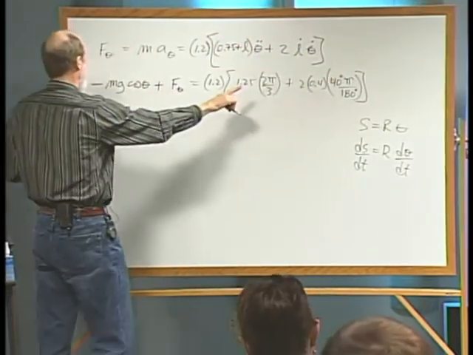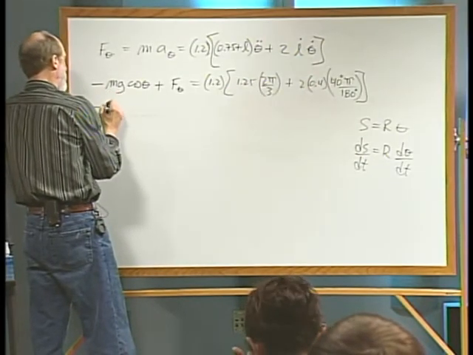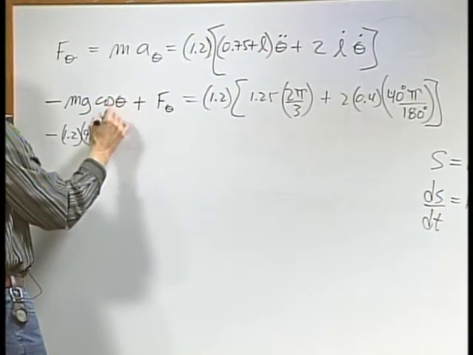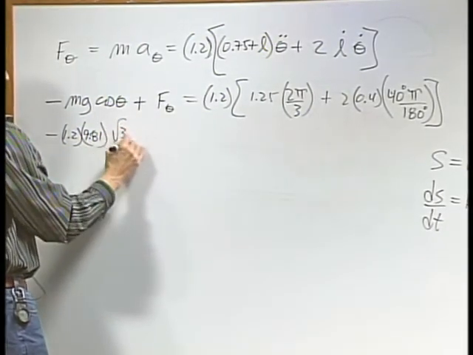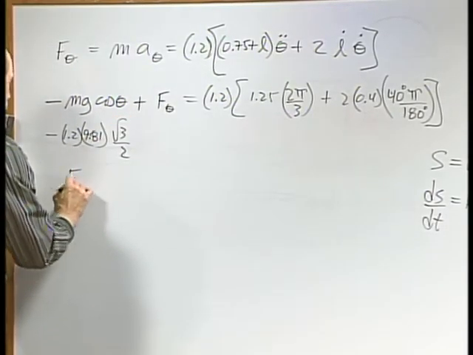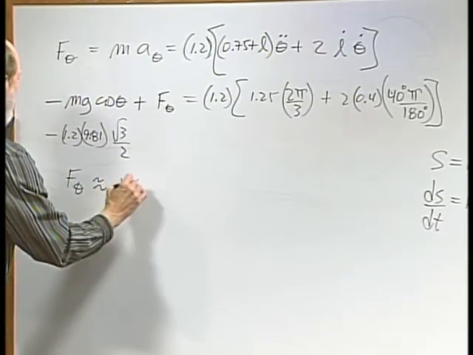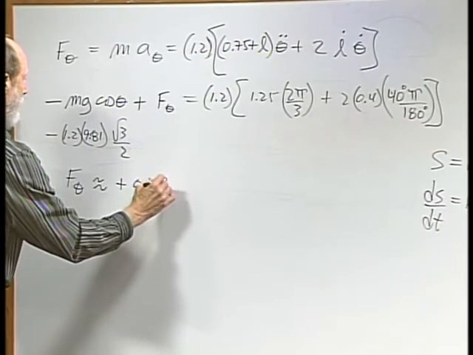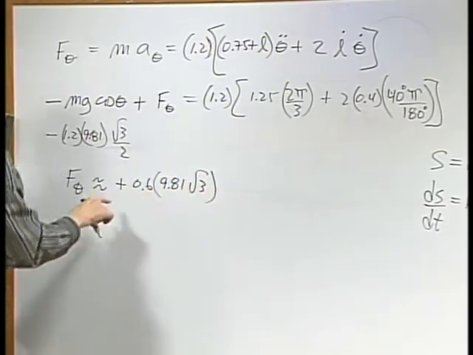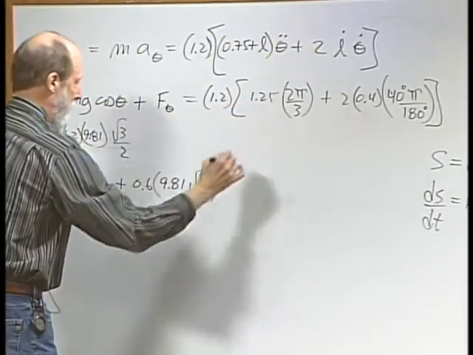So we have a calculated value over there, and this term, the negative component of the weight, is the 1.2, the 9.81, and cosine of 30 degrees being square root of 3 over 2. So that becomes additive. So we end up adding 0.6, 60% of 9.81 times square root of 3, and then plus this term, which is all positive, notice.